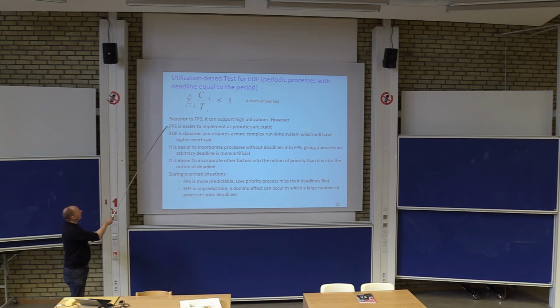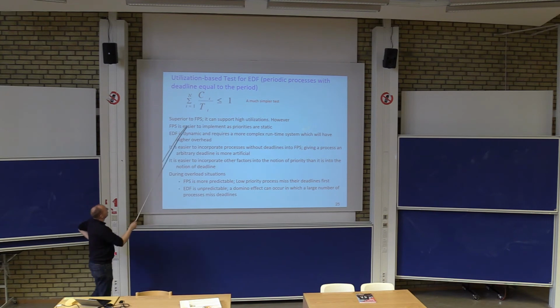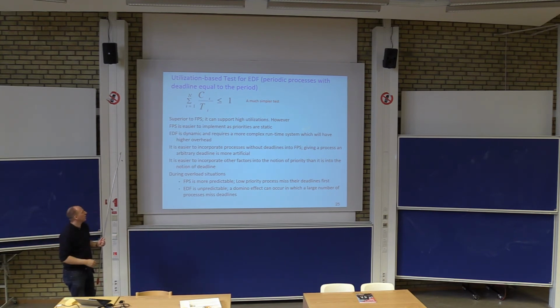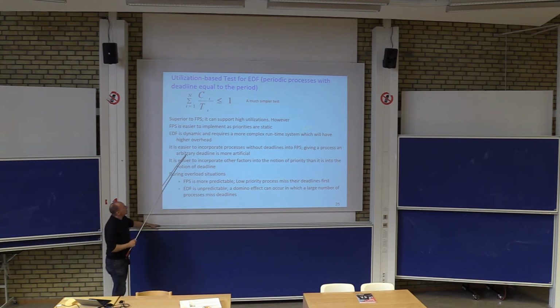The drawback, of course, is that fixed priority scheduling is easier to implement as the priorities are static. And here you need to change the priorities depending on how close to a deadline you are. So it's a more complex system to implement. And if this makes sense or not depends on if you have natural deadlines that you would like to meet.